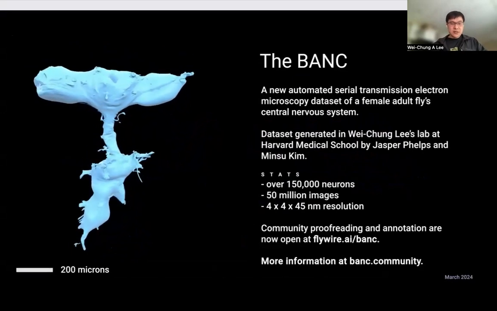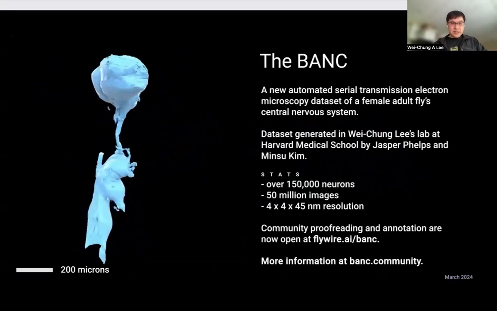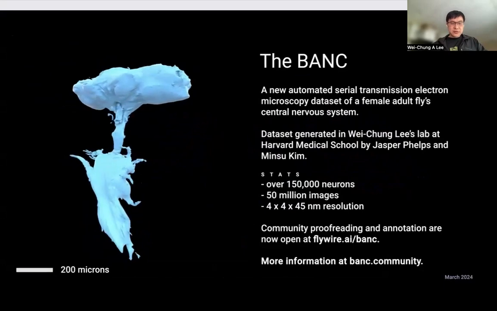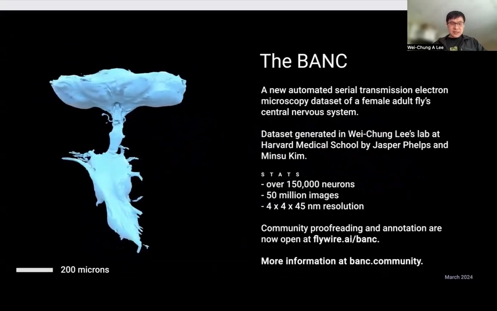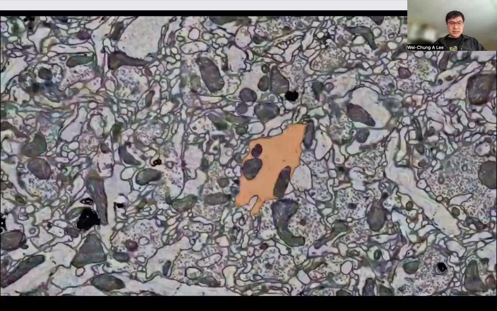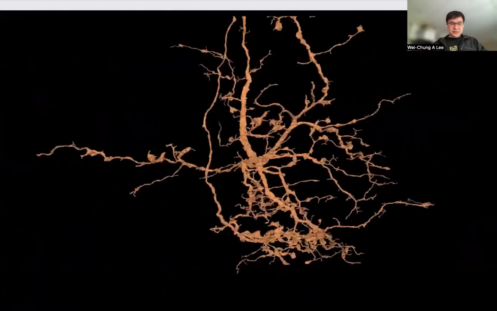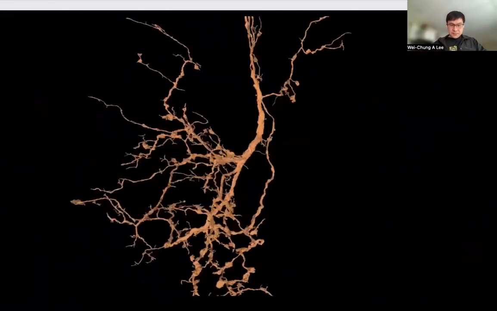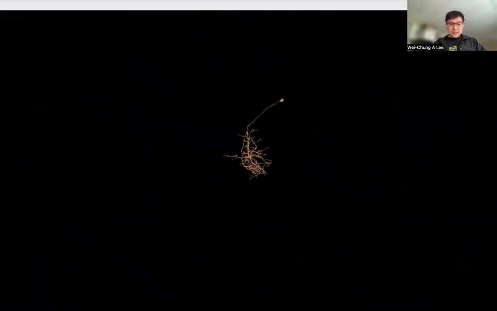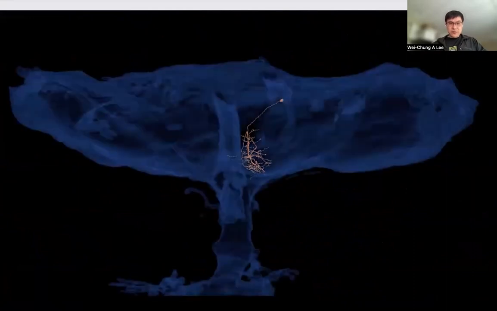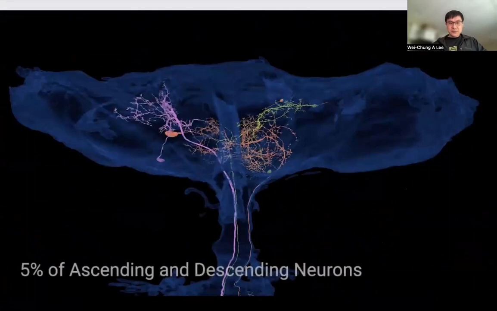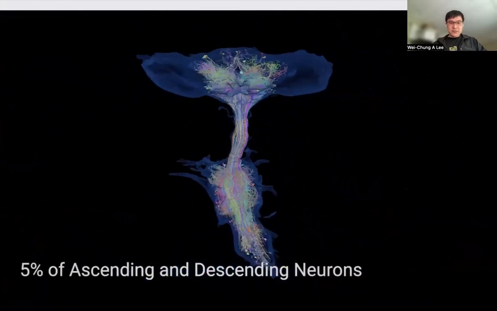It was acquired by an automated tape-based transmission electron microscopy setup. It has over 150,000 cells, consists of 50 million images, and the data is acquired at 4 by 4 by 40 nanometer voxels, which comes out to about 300 terabytes of raw data.